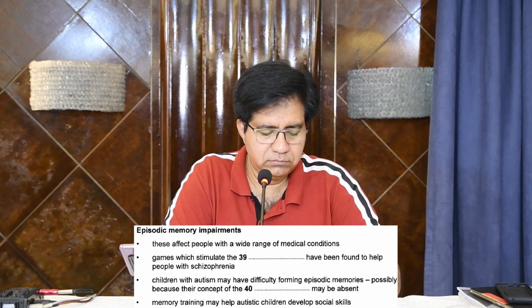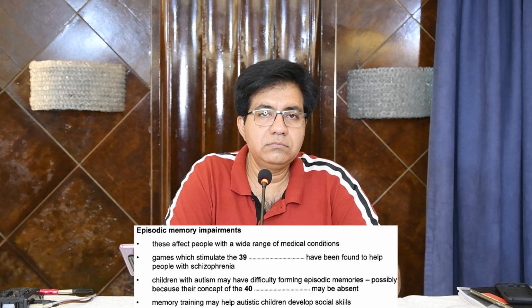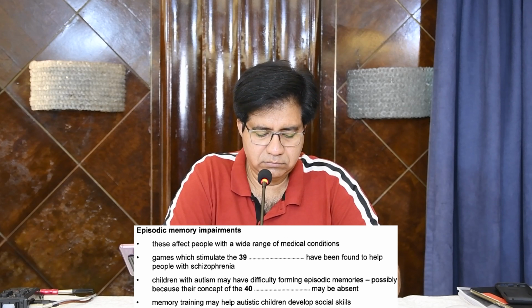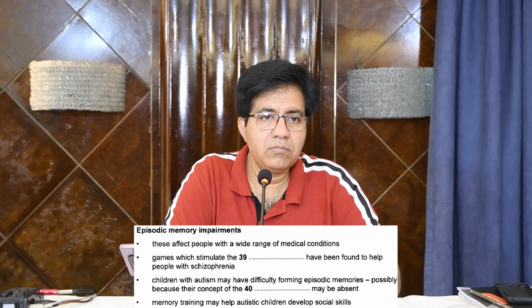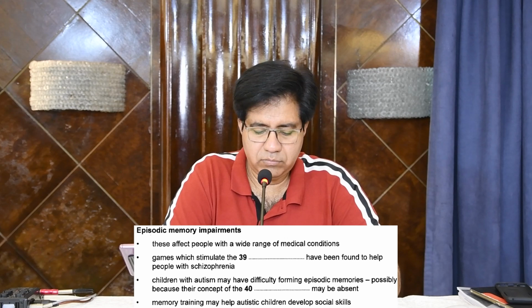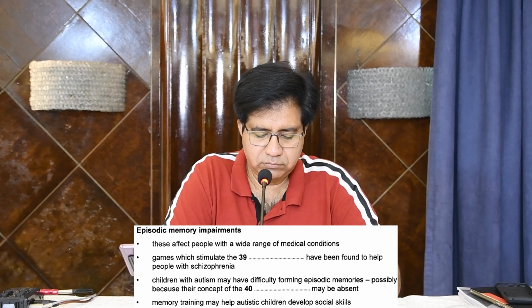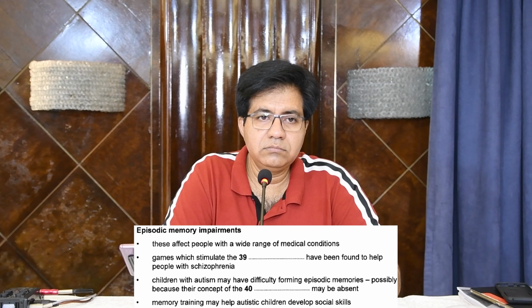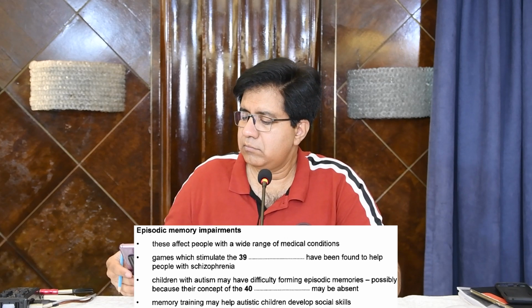For example, the symptoms of schizophrenia can be reasonably well controlled by medication. However, patients' episodic memory may still be impaired, and so they are often unable to return to university or work.